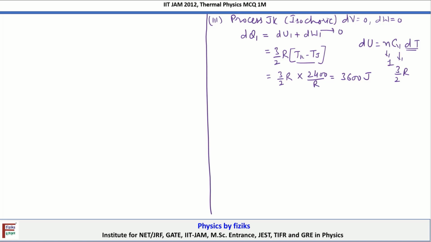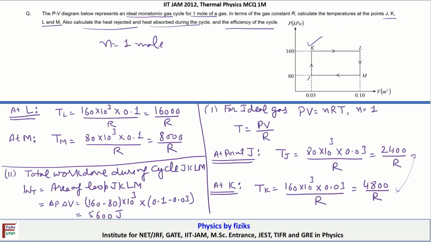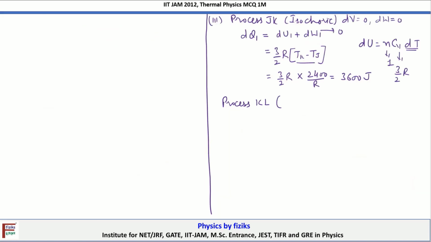Now let's take the second step, process KL, process K to L. Let's take a look at the diagram. Here this is at constant pressure, it's an isobaric process.